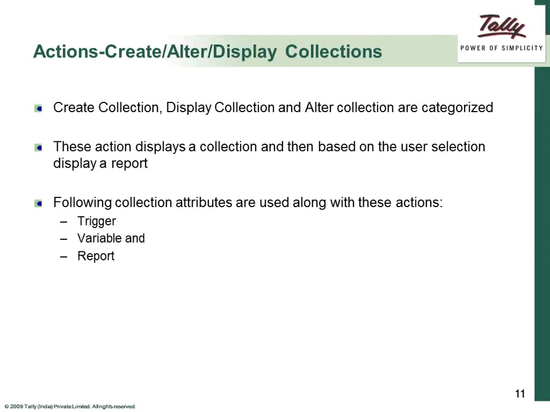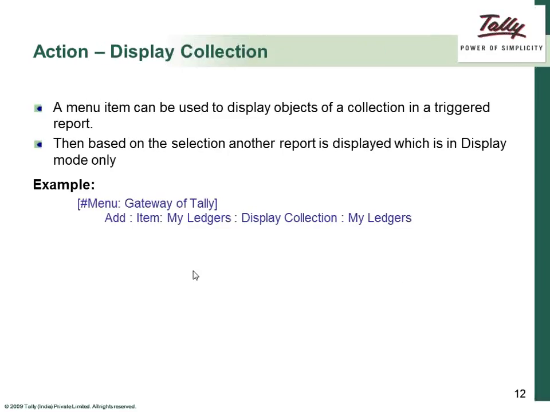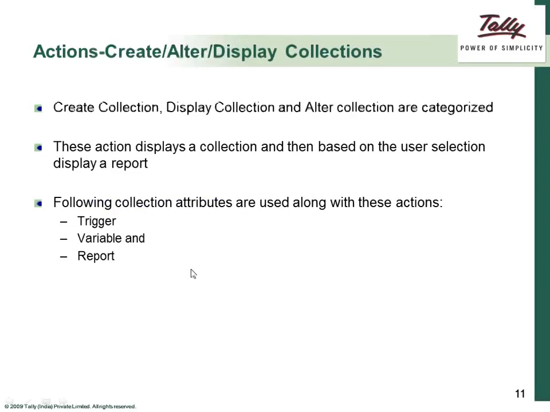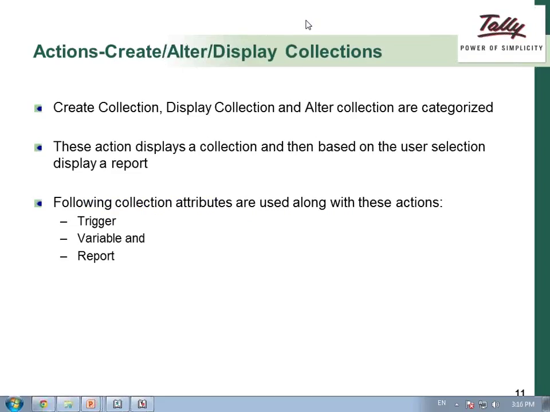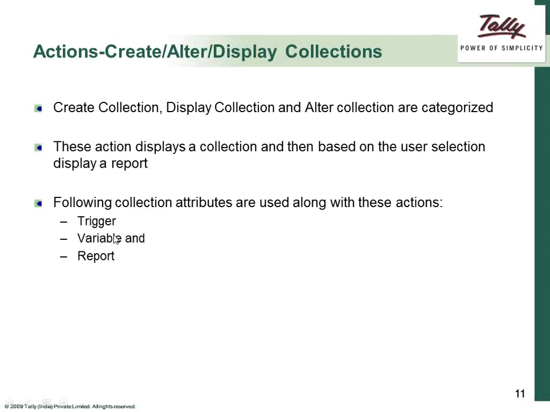Then why do we need two reports to be specified? At my collection level, why do I need to specify two reports? Trigger is also a report name. Report is also a report name. Then why do we need this? What is the use of a trigger report?